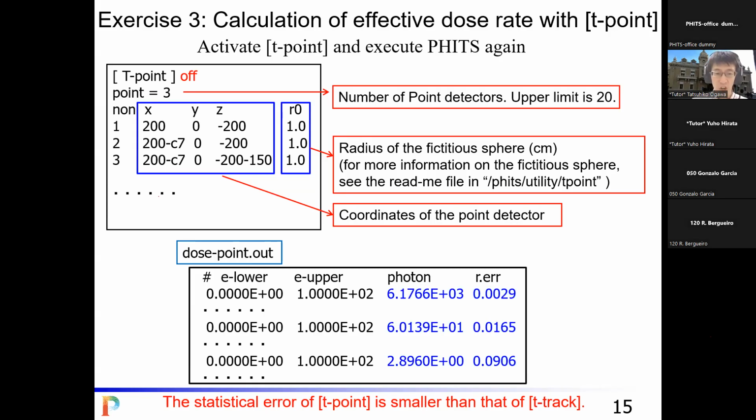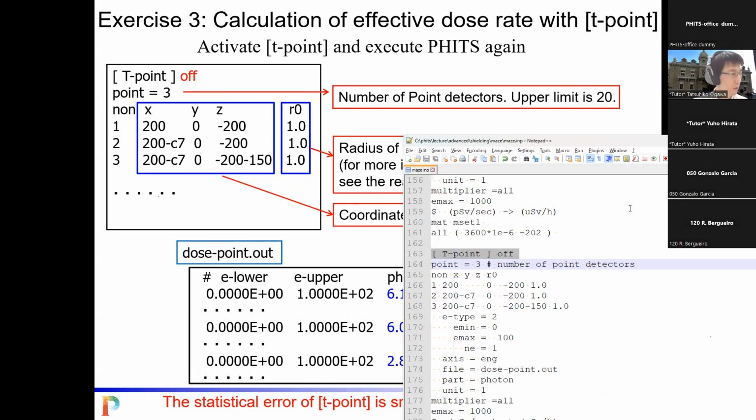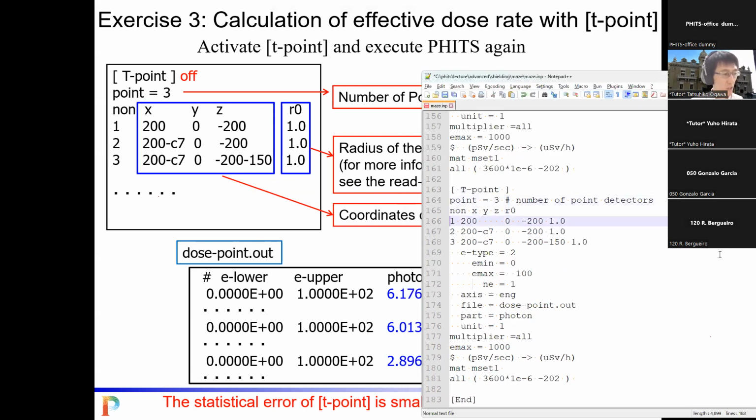All right, let's move on. In exercise number 3, let's delete off after T-point. And all the details for T-point tally are already defined here.